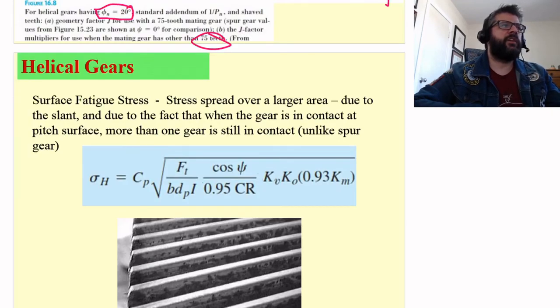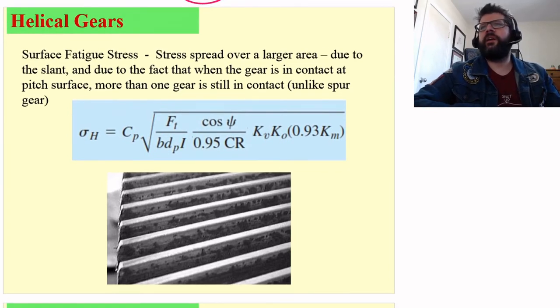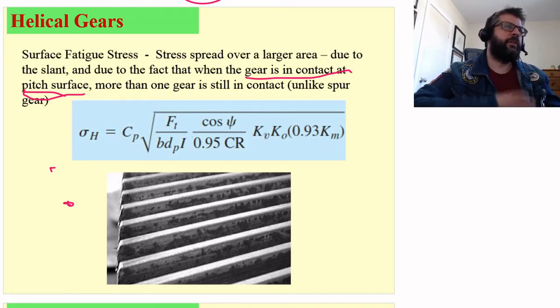For our surface fatigue stress, it's not as bad because again the stress is spread over a larger area due to the slant, and also the fact that we have the gears meshing together progressively. So there's always going to be more than one gear tooth in contact, even when one tooth is in contact at the pitch surface, which is basically the worst case scenario for contact stress.